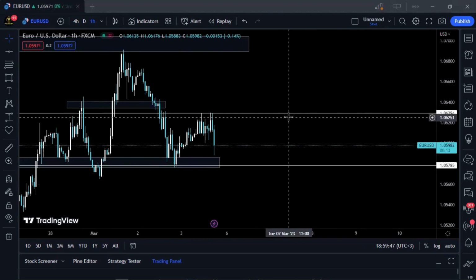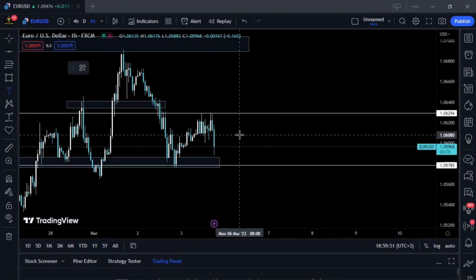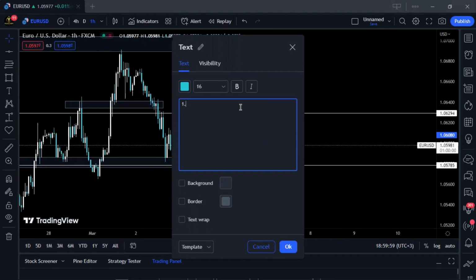So if you're asked what's the pip difference from here to here, you take 1.0629 minus 1.0578.